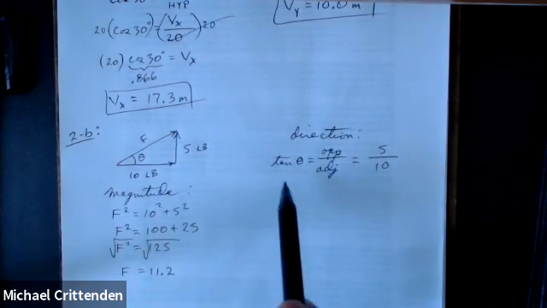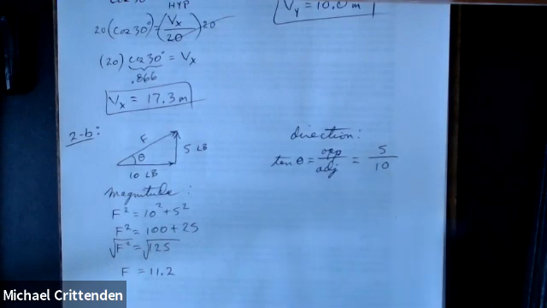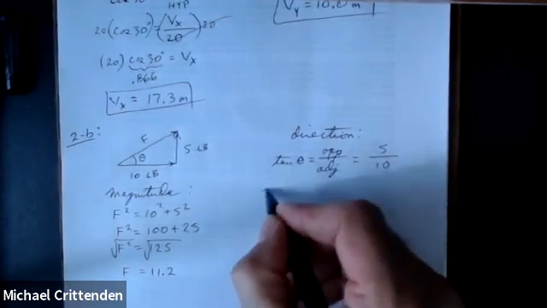The way you get rid of a function when you're solving an equation is to hit it with its inverse function. Same sort of thing we did over here. The way you get rid of a square is to take the square root of both sides. The way you get rid of a tangent is to take the inverse tangent of both sides.